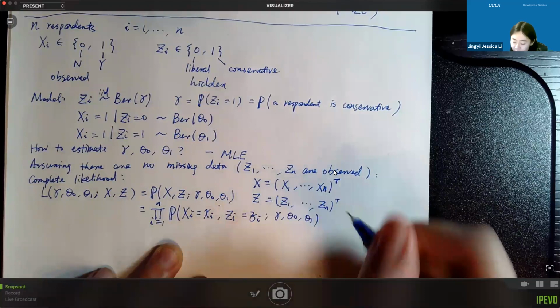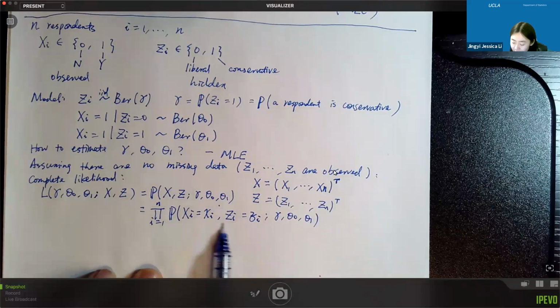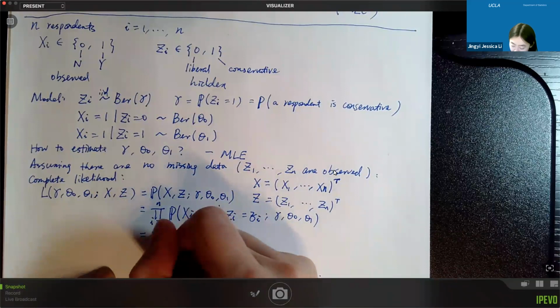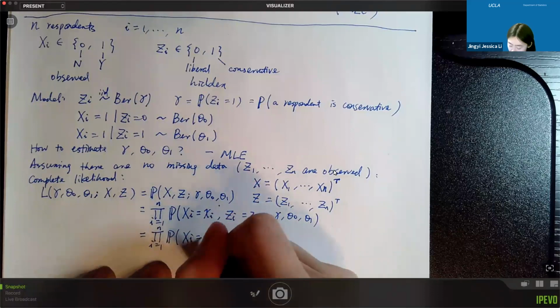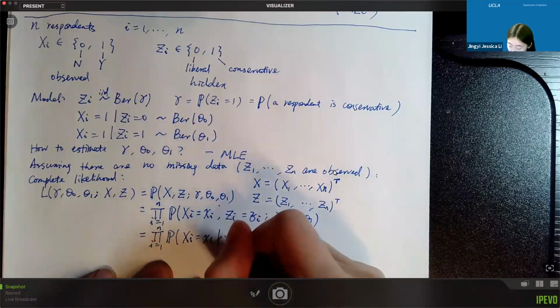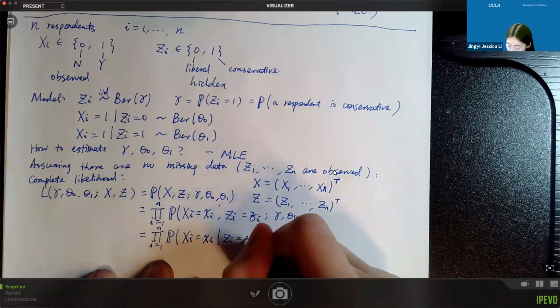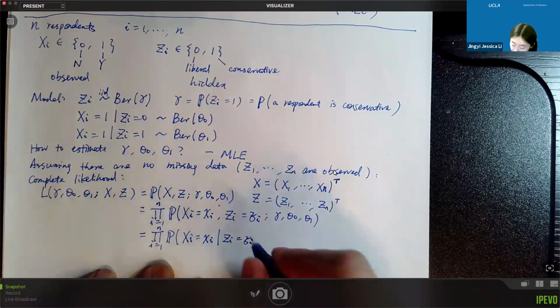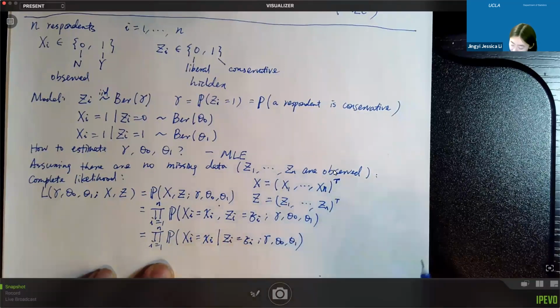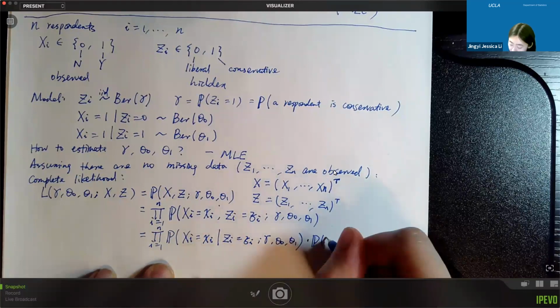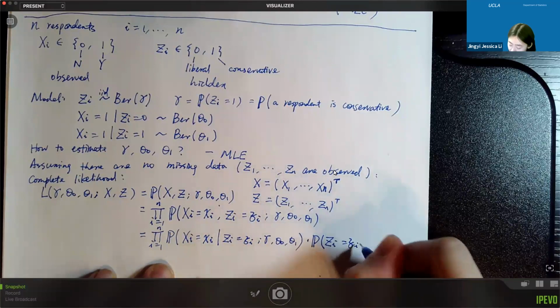Then we can further decompose this joint probability into the conditional probability of xi given zi times the probability of zi. So we do one more factorization: the probability that xi equals lowercase xi conditional on zi equals lowercase zi, with gamma, theta 0, theta 1 still involved, times the marginal probability of zi equals lowercase zi given the parameters.